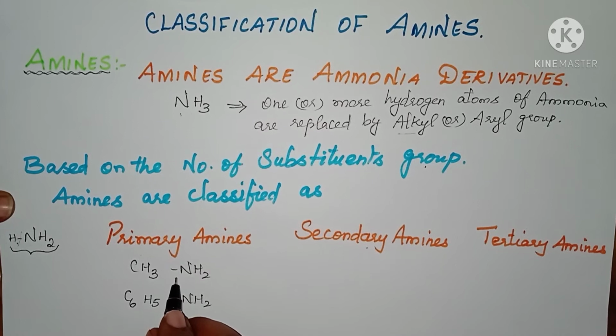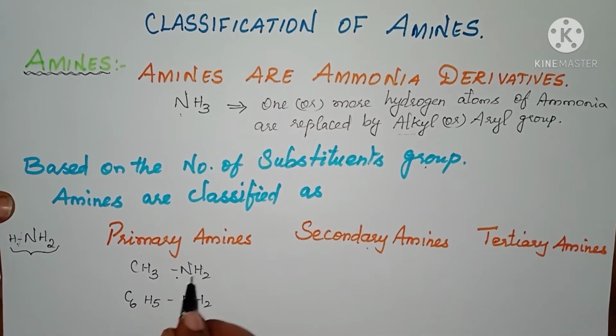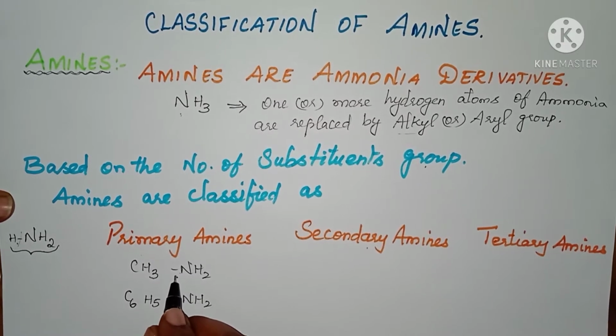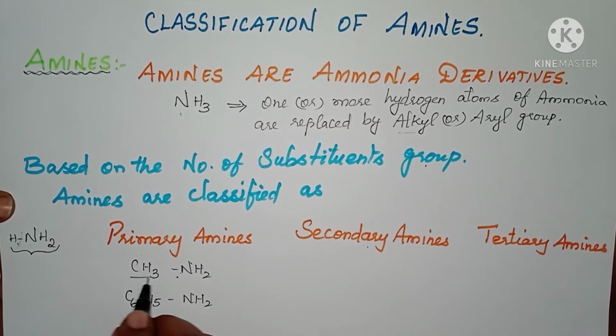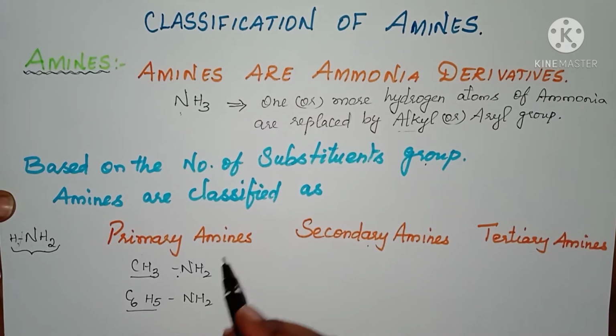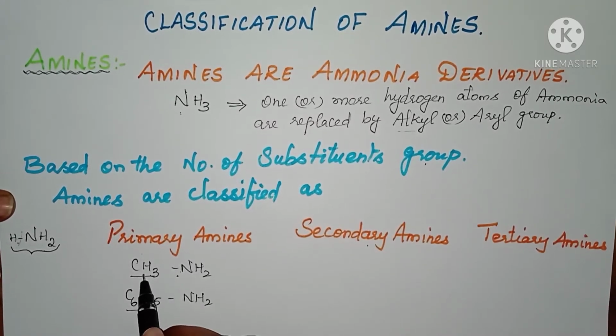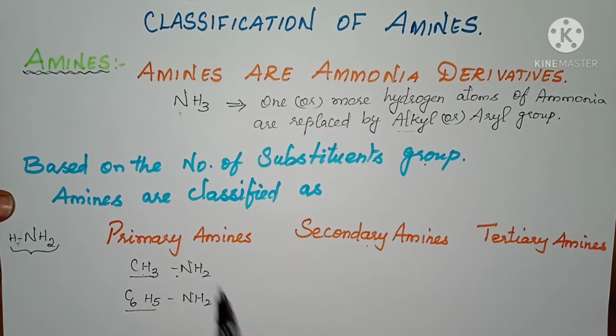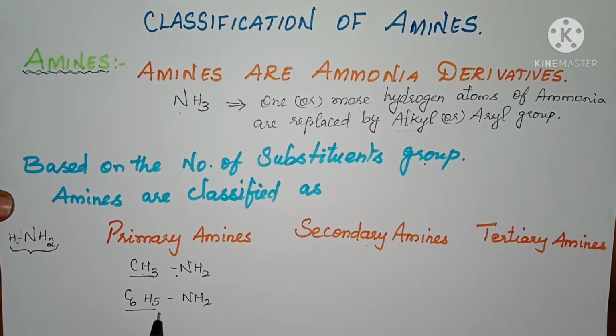So the functional group NH2 is amine, and one hydrogen is replaced by alkyl or aryl. This is the methyl group, so methyl amine. Then this is the benzene group, this is benzenamine. That is the way we can name it.